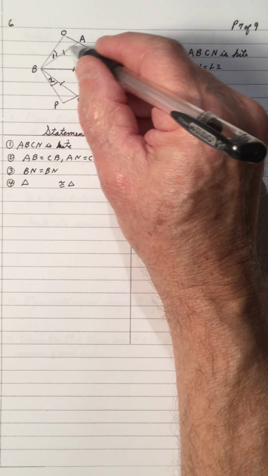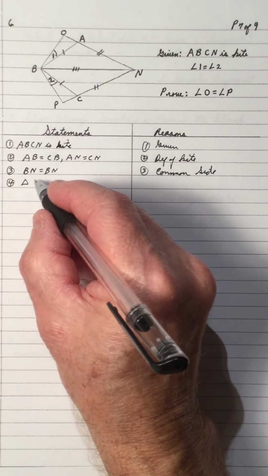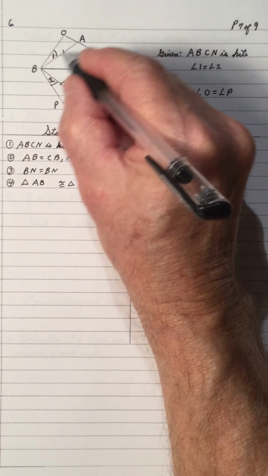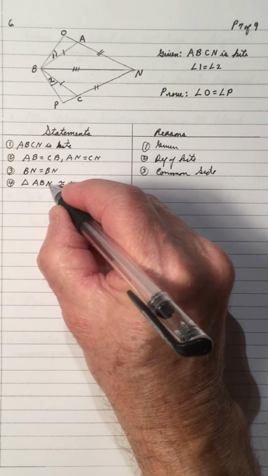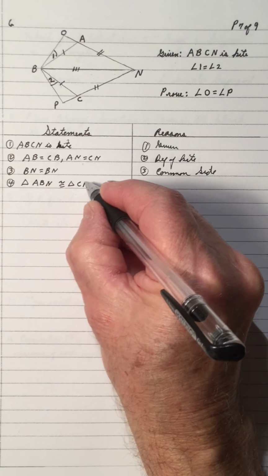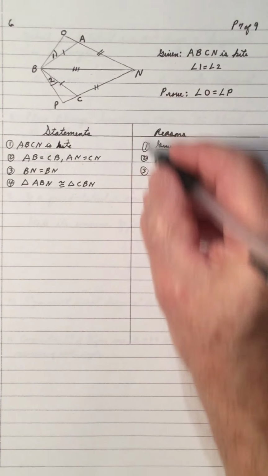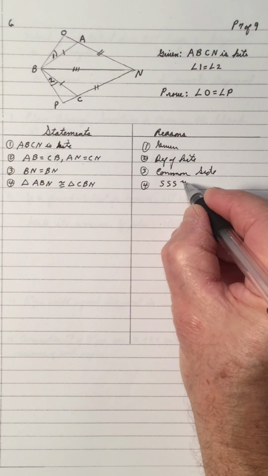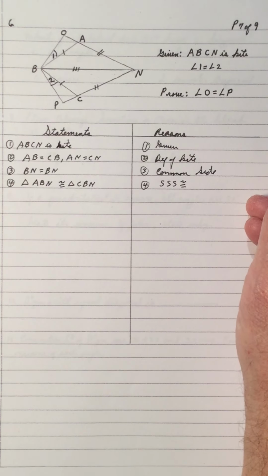This is common, so we got this angle A. Triangle ABN is congruent to CBN, and the reason is side, side, side congruency.